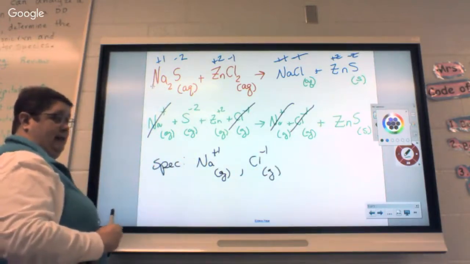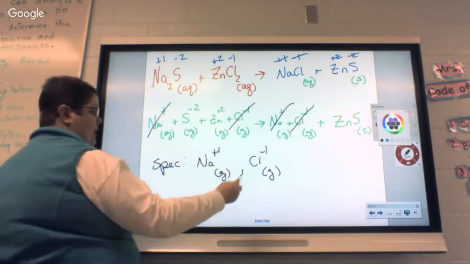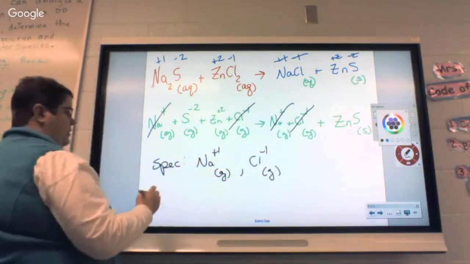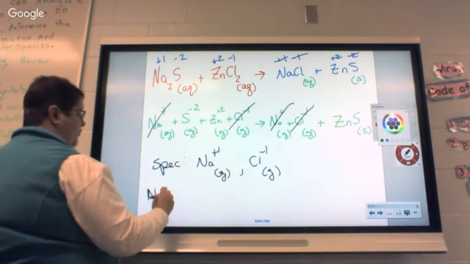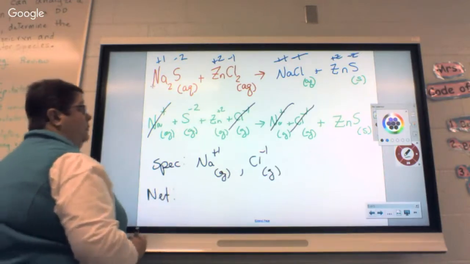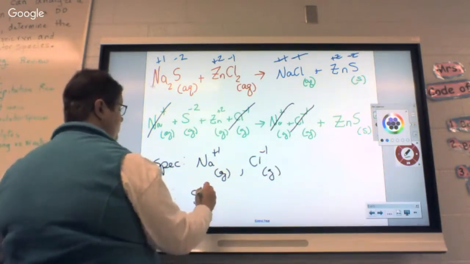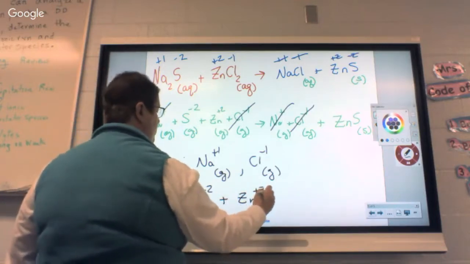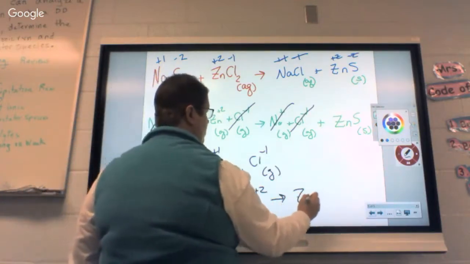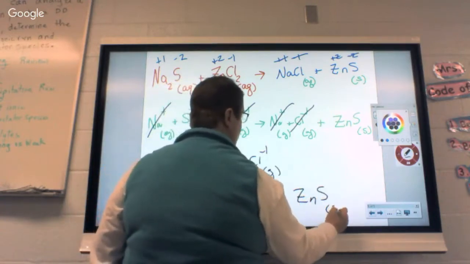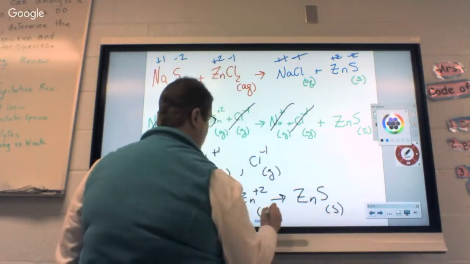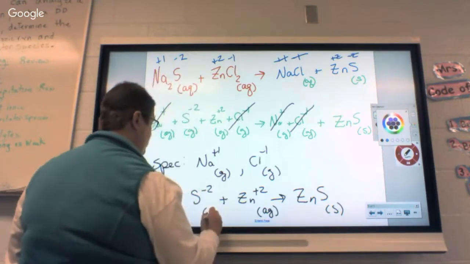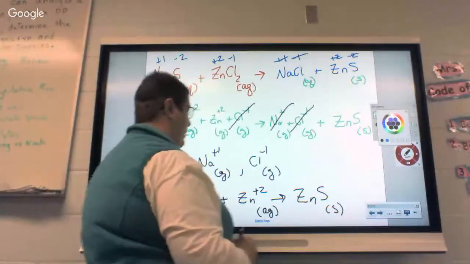You got to write all that stuff down. So for the net, what's left? Does it need to be balanced? No, it's already balanced.